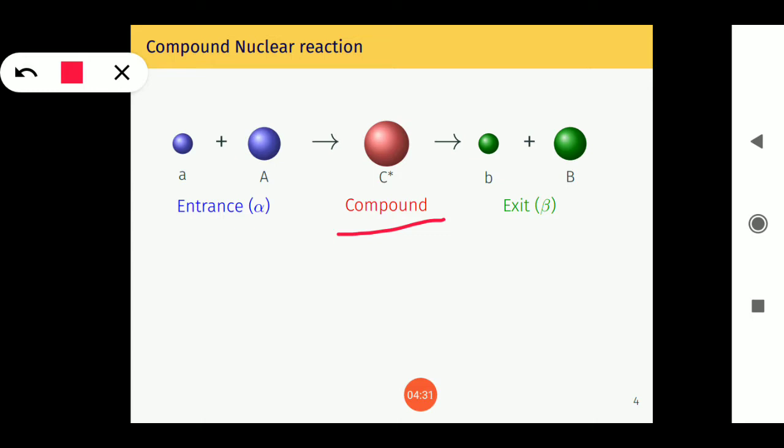So the entrance channel we can call alpha, and the exit channel is normally denoted as beta. So alpha itself is a combination of reactants a plus A, and beta is again maybe 2 particles or 3 particles. It is the exit channel from the compound nucleus.